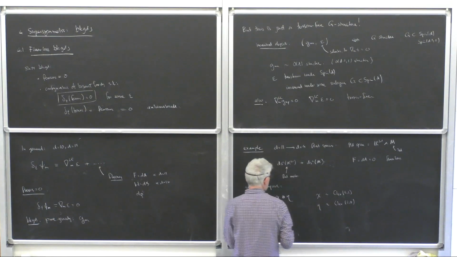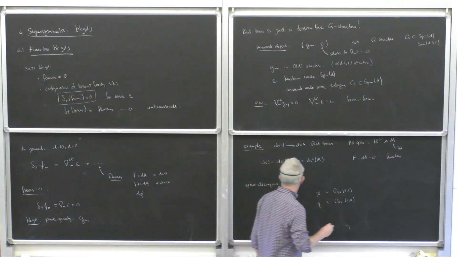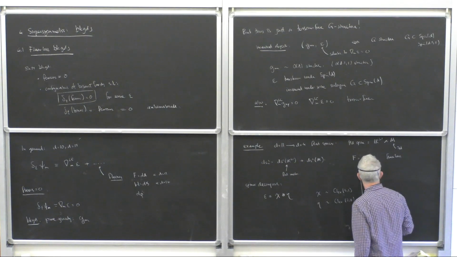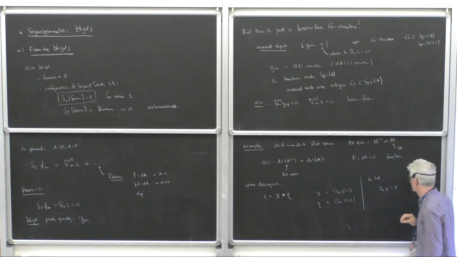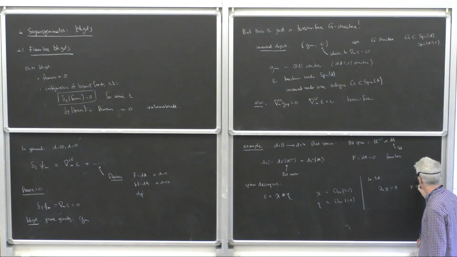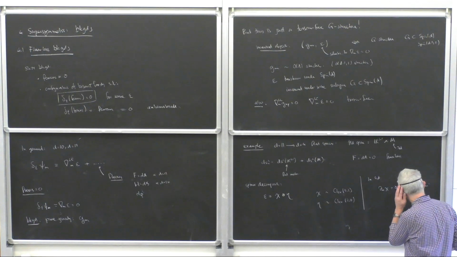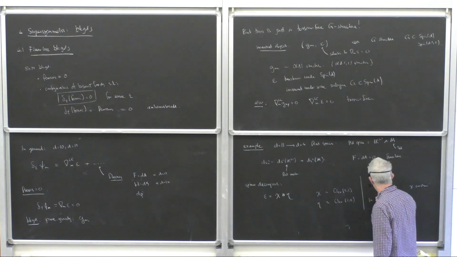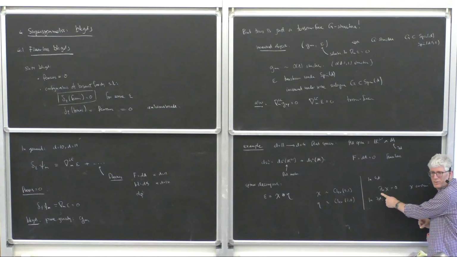And then in 4D, we just get that the derivative of chi has to be 0, because there we just got flat space in 4D, right?